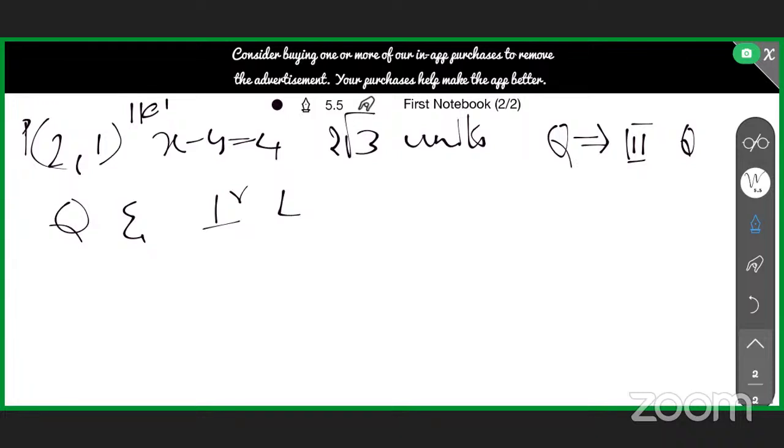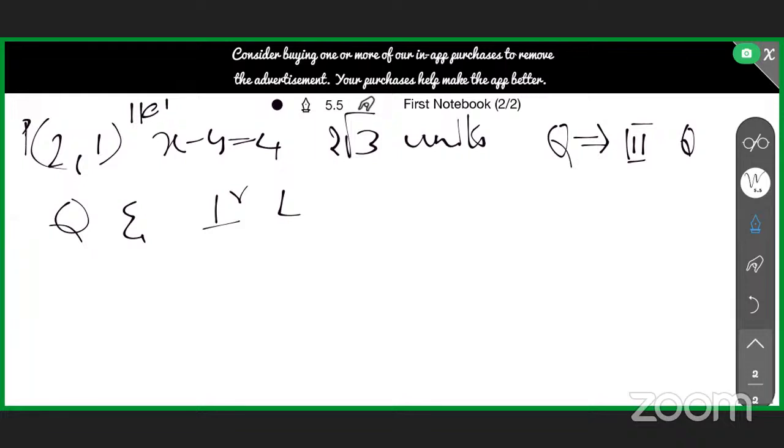The point P is translated. Transformation of axis. From one point to another point, my point is translated. Understood? That's how the question starts.